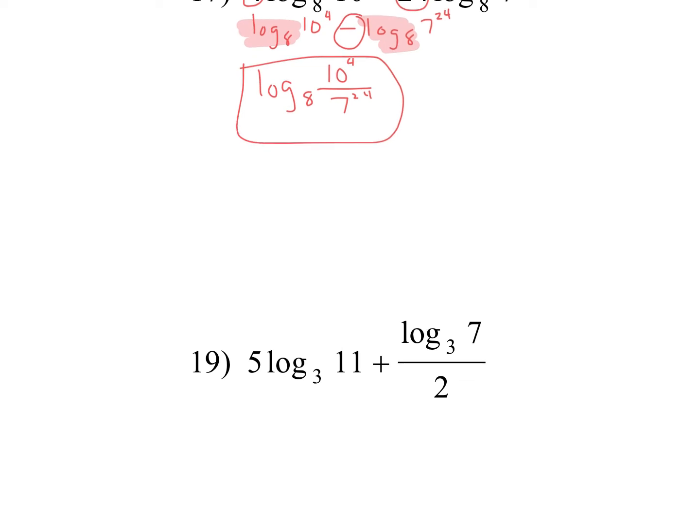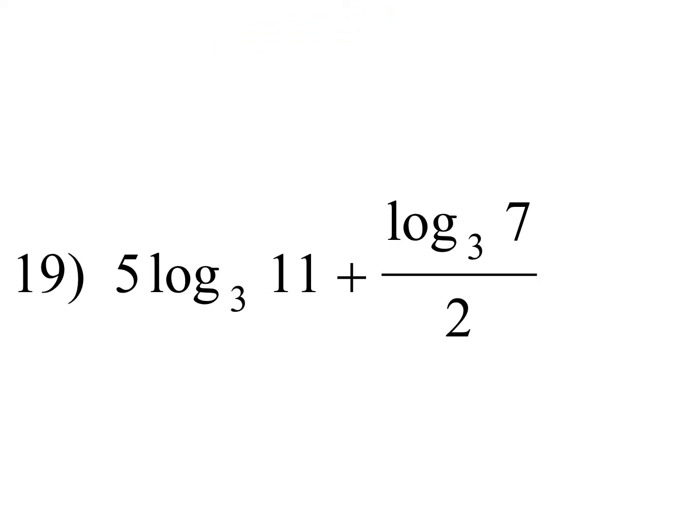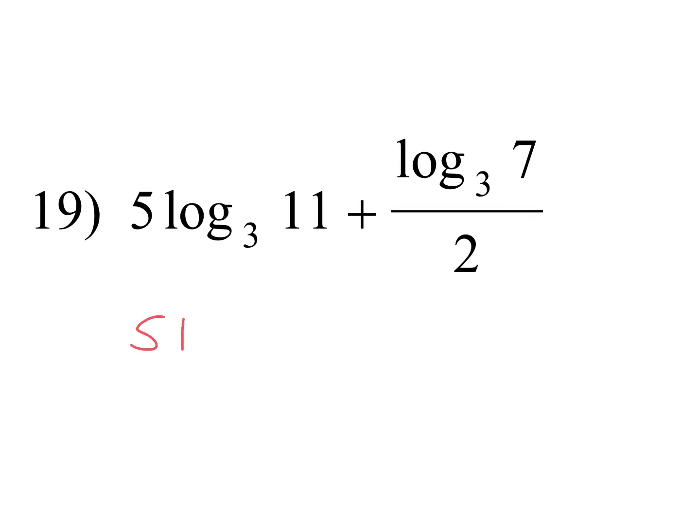All right, let's look at 19. This one's a little bit tricky, which we would probably see this as 5 log base 3 of 11 plus 1/2 log base 3 of 7. So it would look like this on the test if you had one with a fraction, not like this.